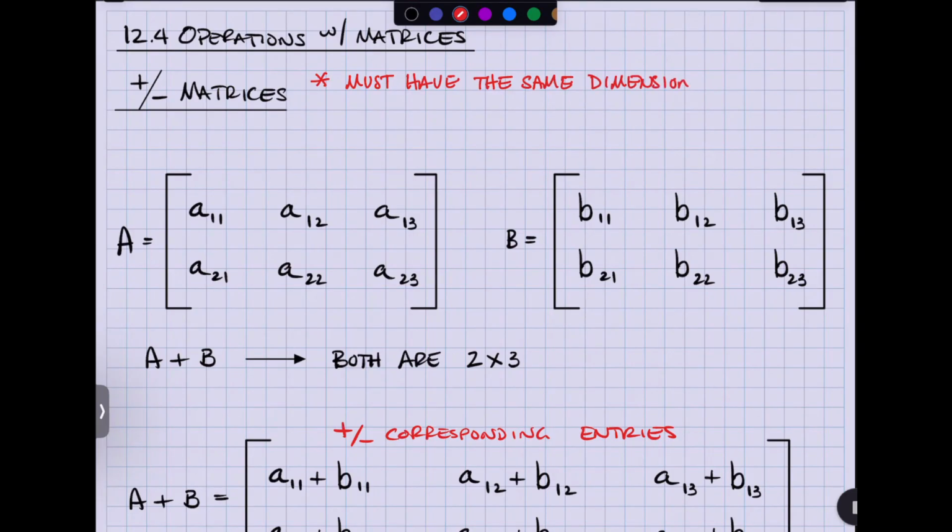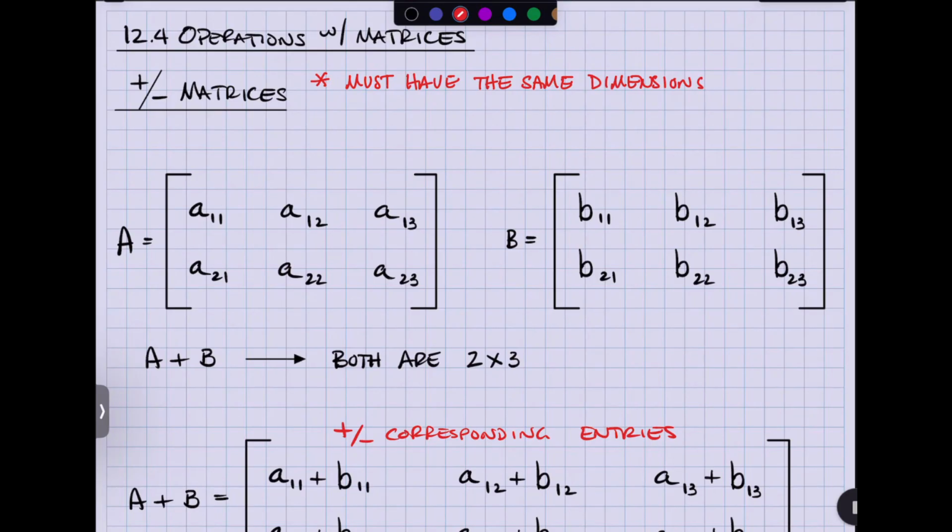To add to a 2 by 3 matrix, you have to have a 2 by 3 matrix. It can't add to any other size or any other dimension matrix. And once you have that, you're just going to add or subtract the corresponding entries.